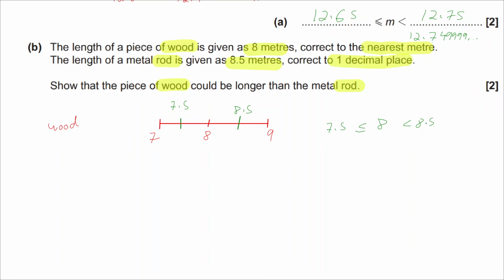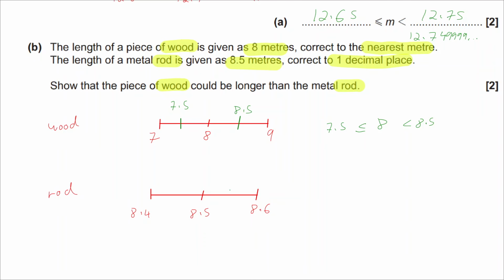And then for the rod, let's do a very similar thing. So let's go and do the rod down here. Again, get your number line out, and your middle number is what you're looking at, which is 8.5. And you're going to one decimal place. If you go one above this and one below this, you're going to be getting 8.6 and then 8.4, and you can go in the middle of these now.